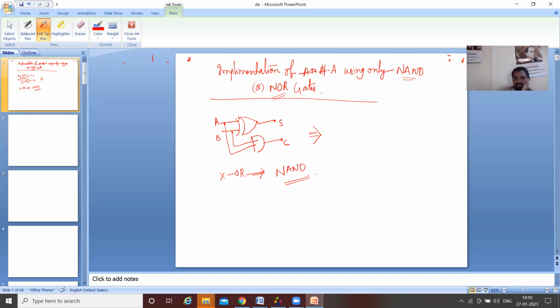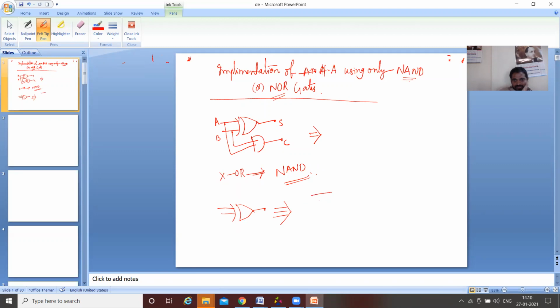Therefore, these two gates are called universal logic gates. This is an exclusive OR gate, and this is the equivalent exclusive OR gate using only NAND gates.